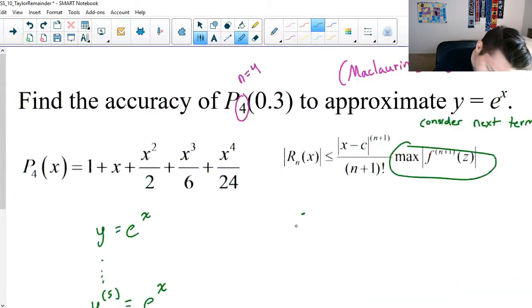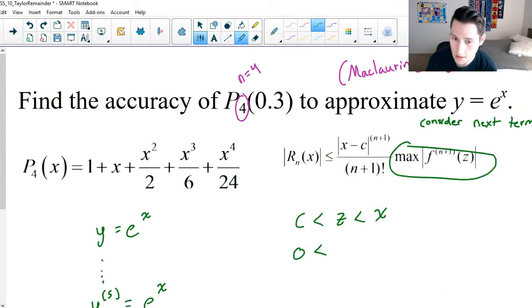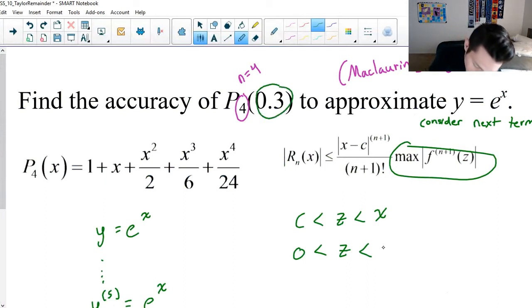So c in this case is 0 because it's Maclaurin, so it's centered around 0. Less than z, less than x, which in this case is 0.3 because that's the actual value we're trying to approximate our function at.